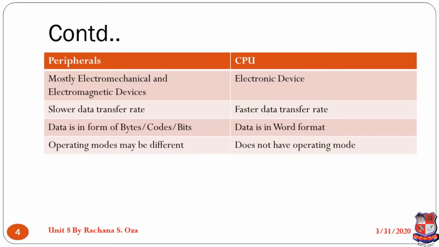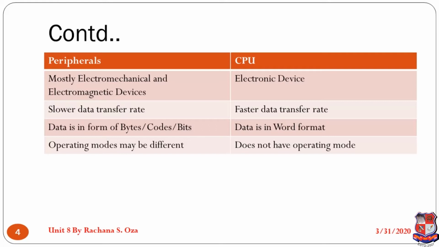Over here you can see that the differences between the peripheral and the CPU are listed. The very first thing is peripherals, the input-output devices, can be recognized as electromechanical or electromagnetic devices, and in front of that the CPU is an electronic device, mostly a signal-based device. The second point is that an input-output device has a very slow data transfer rate.